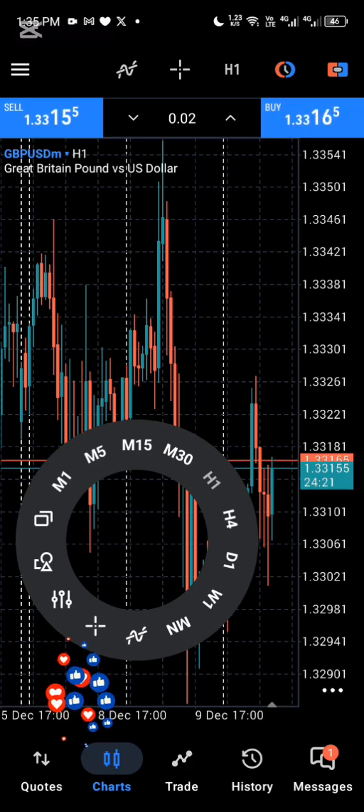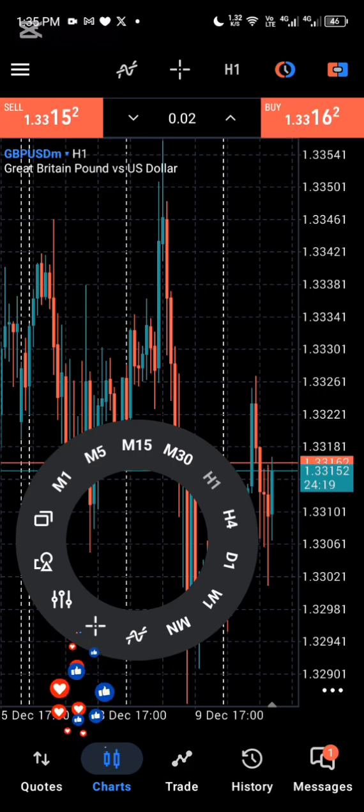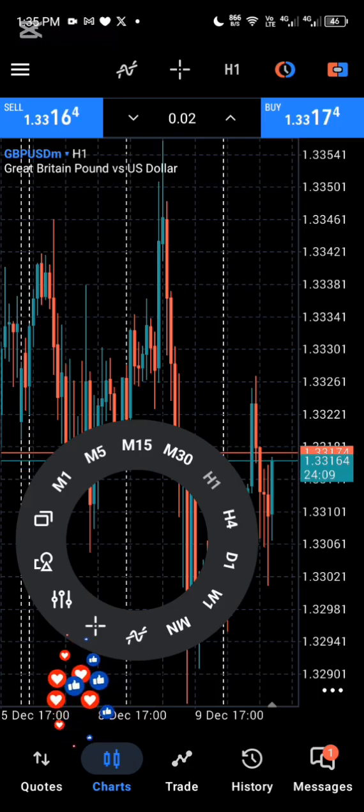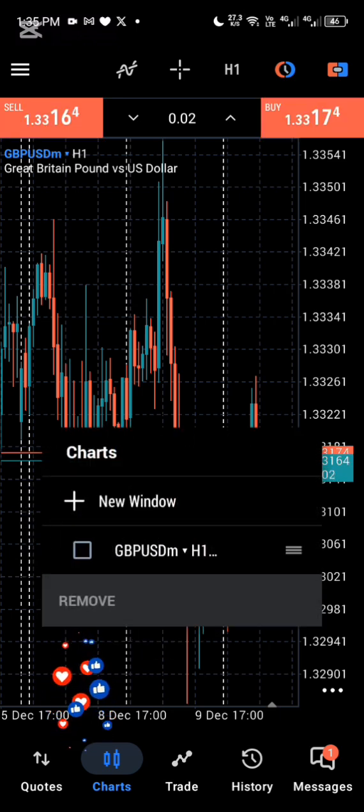Now, before I round off, I would still like to tell you that the MT5 is a very special upgrade of the Metatrader 4, which can help you to view multiple charts on your screen. Now, if you click on this part, you see it's asking you, do you want to add a new window?